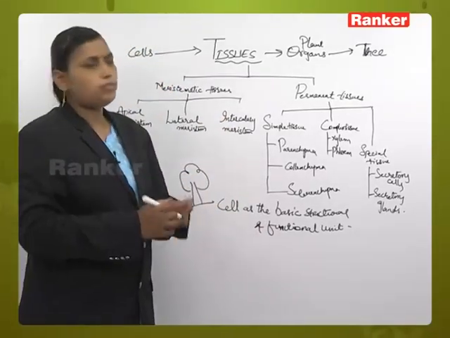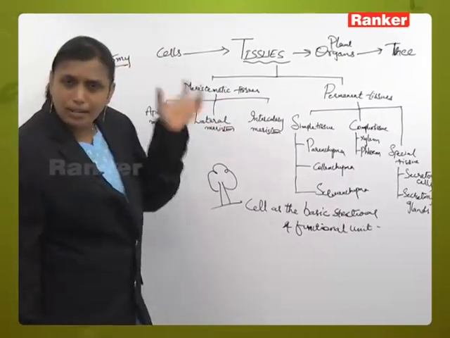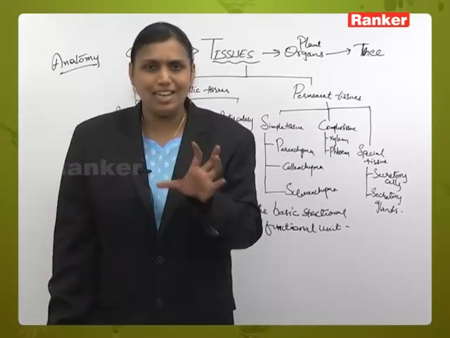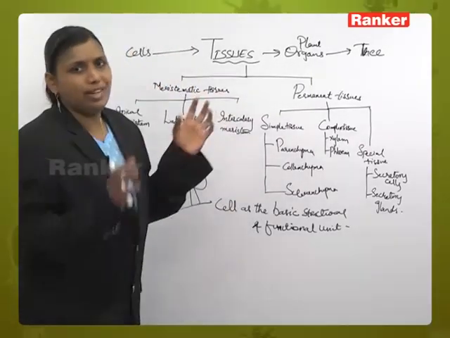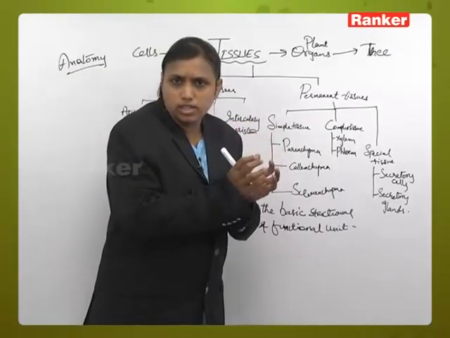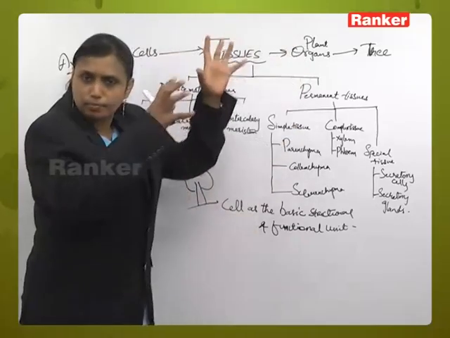In the same way, in the plant body, the basic structural and functional unit is the cell, groups of cells make a tissue, groups of tissues make different organs, and groups of organs combine to make a complete plant structure.